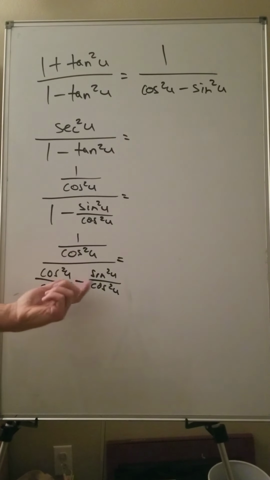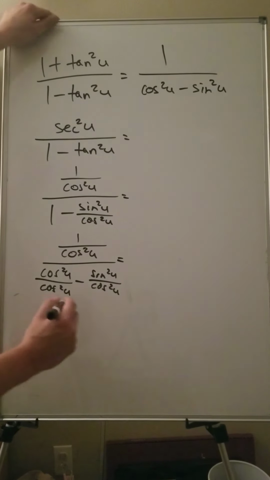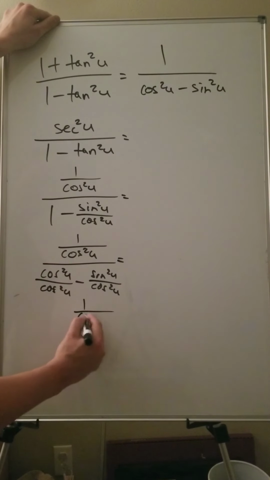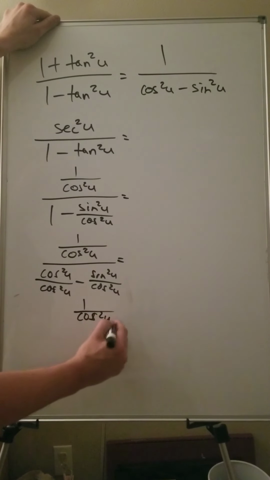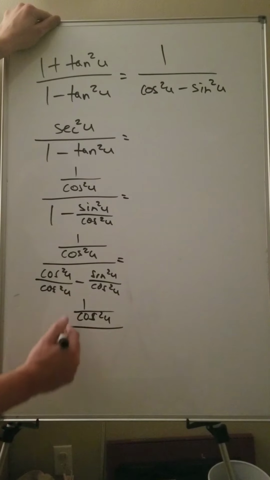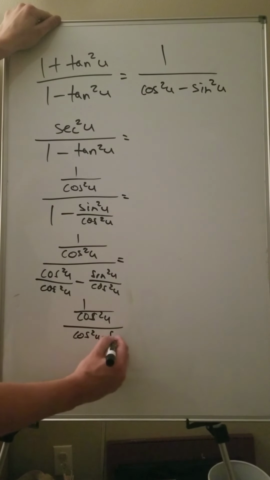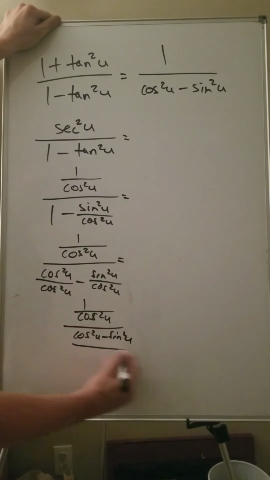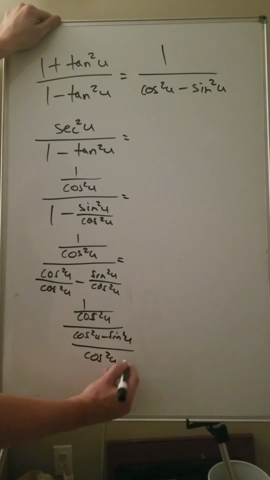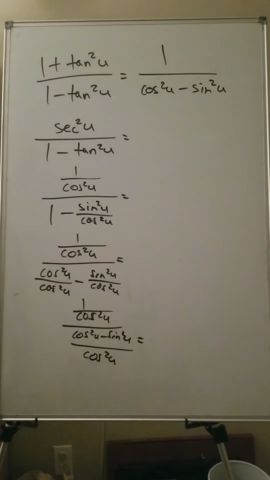And now I can combine these into one fraction. This is really 1 over cosine squared u over, if I write that as one fraction, cosine squared u minus sine squared u over cosine squared u. I'm running out of board space here, but I'll try to squeeze it in.